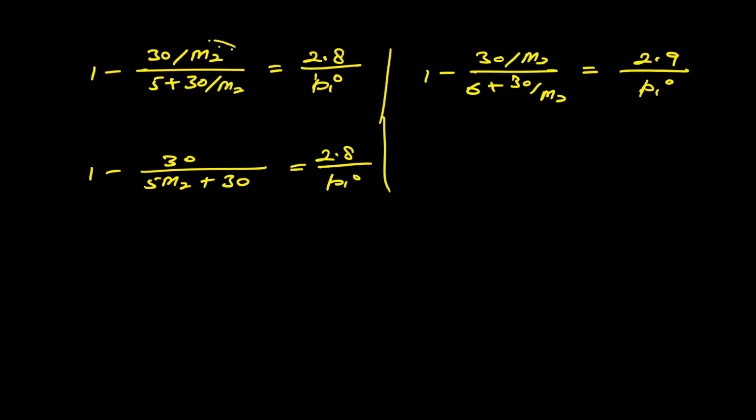I am multiplying both numerator and denominator by M2 here. And here also I will be multiplying both numerator and denominator by M2 to get rid of the denominator. So here I will say 1 minus 30 by M2 multiplied by M2. And here 6 M2 plus 30 equals 2.9 by P1.